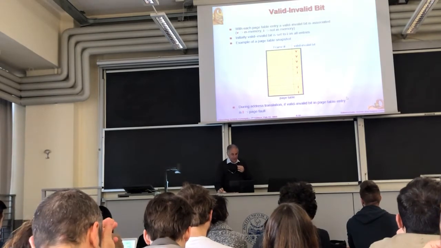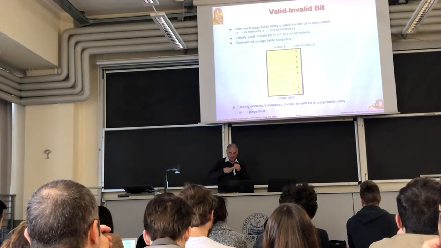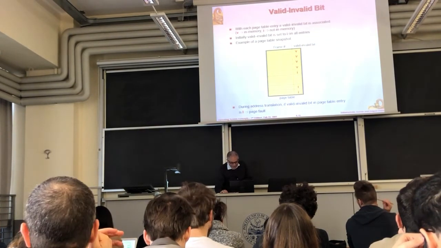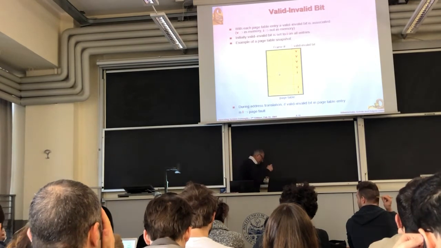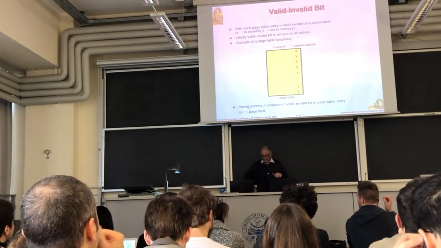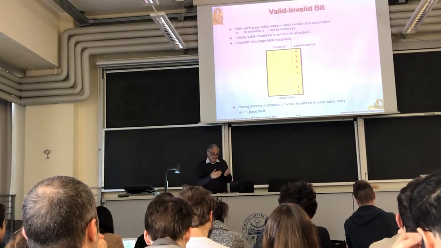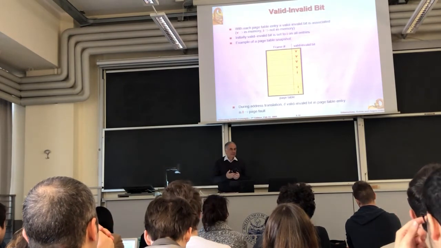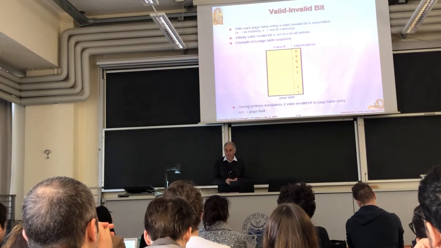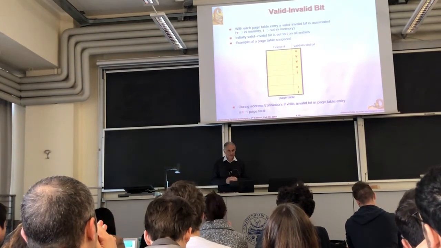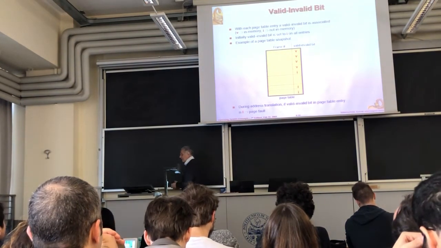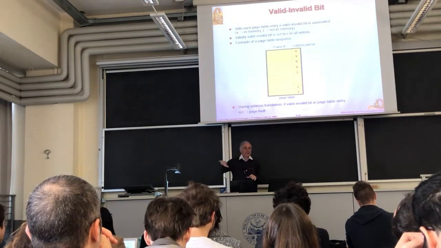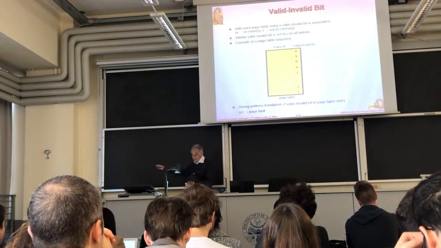But if it is invalid, what do we have instead? Sorry? We have a page fault, but here, what does the kernel put in the page table? Nothing. This block corresponding to that page. Okay. So since invalid means that it is not currently in memory, it means that it's somewhere on the backing store on the disk.